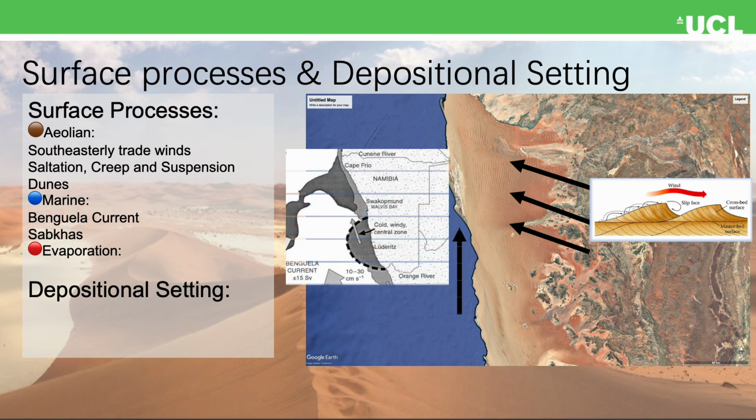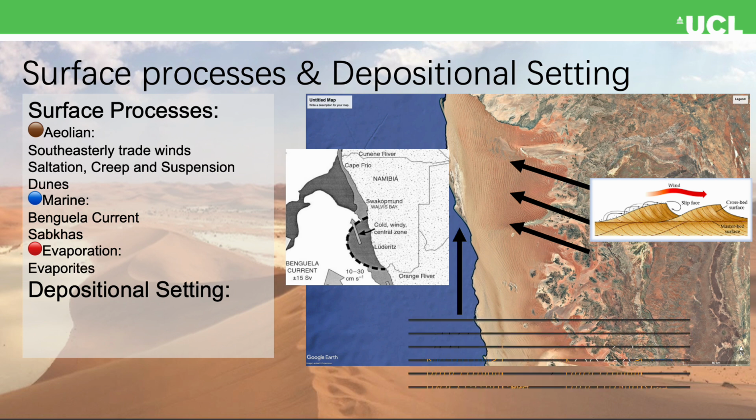In coastal areas, marine processes also play a role, particularly through the Benguela Current, a cold upwelling system that influences sedimentation along Namibia's western shoreline. The interaction produces sabkhas, or coastal salt flats, as seen in the Google Earth image.